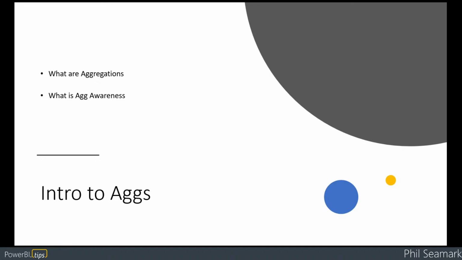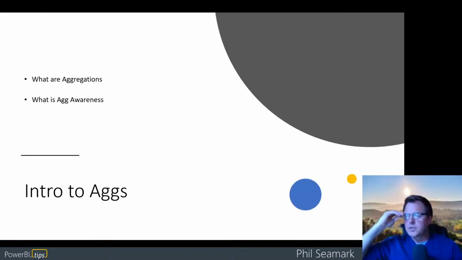So what would happen is the engine automatically would go, okay, I know you're trying to plot a line chart for sales by month, what I'm going to do is check to see, can I resolve this from one of the many aggregation tables that are around? And if I can, I'm going to use it. But if they're not available, they're not turned on, they're not populated, whatever, it was then going down to the raw detailed table, which was just slow.